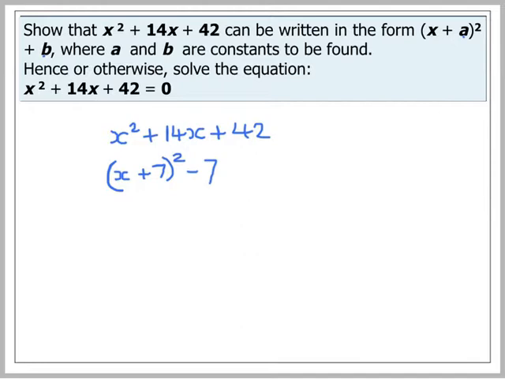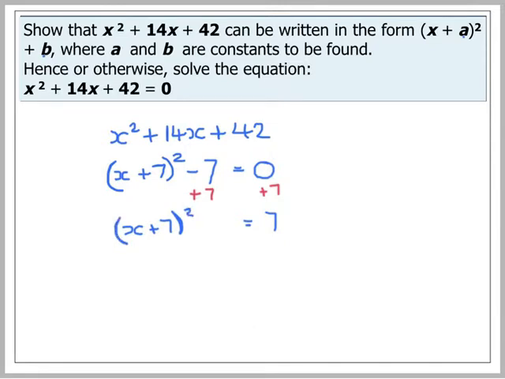Now hence or otherwise solve the equation. So all I'm going to do now is stick an equals 0 on the end. And I'm just going to move this all around to work out the values of x that solve this. So to do that, I'm going to add 7 to both sides, which gives me 7 and then x plus 7 all squared.